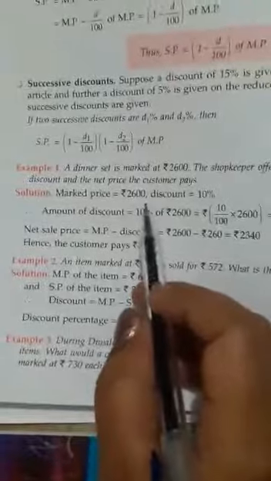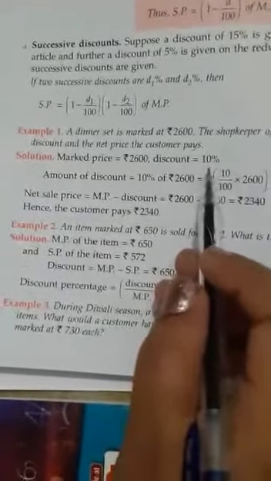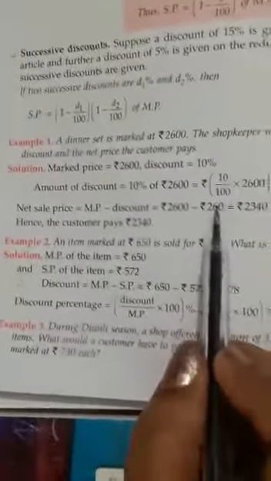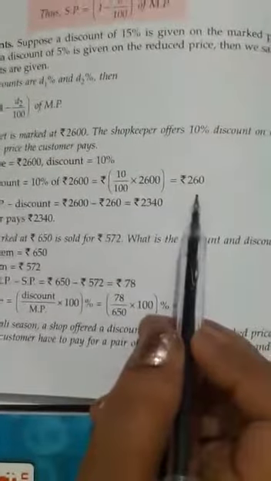Suppose you are a customer. Mark price is 2600 and the shopkeeper is giving you a discount of 10%. So discount 10% will be calculated on the mark price 2600. Amount of discount is 10% of 2600. 10% means 10 upon 100 of 2600. It will come out 260. So 260 is discount.